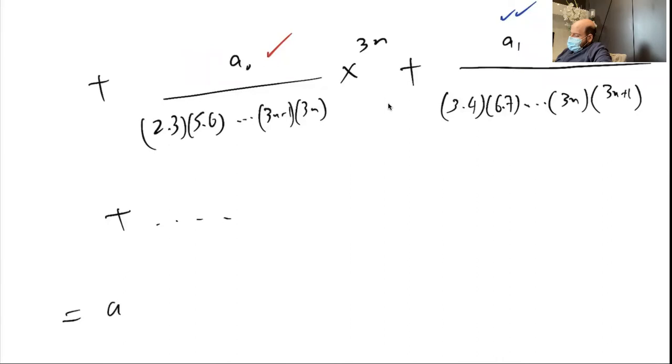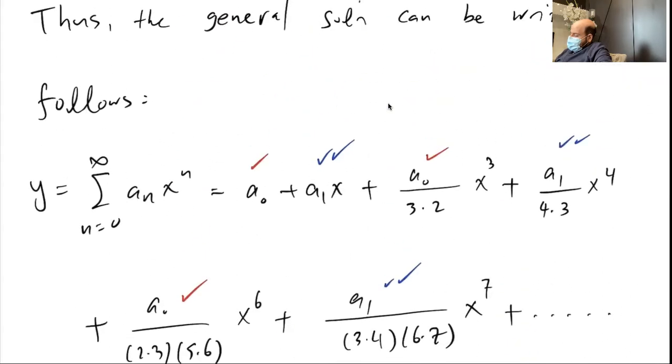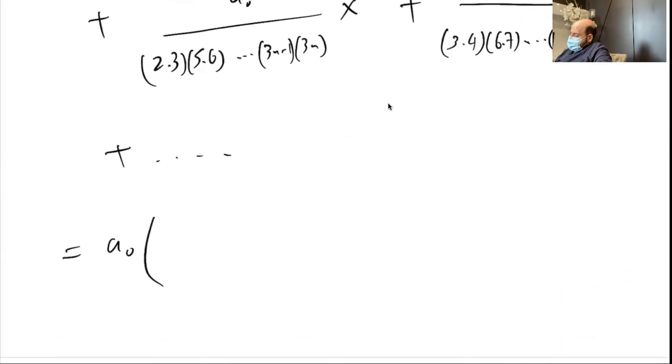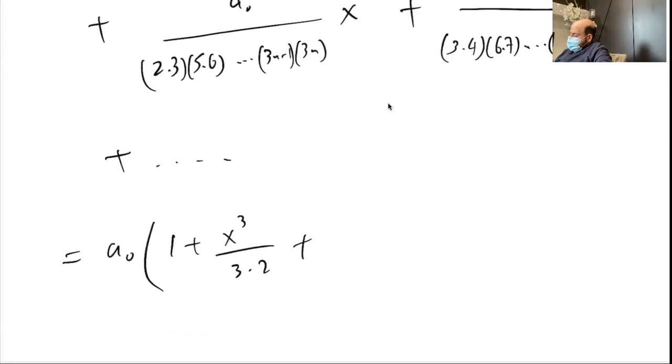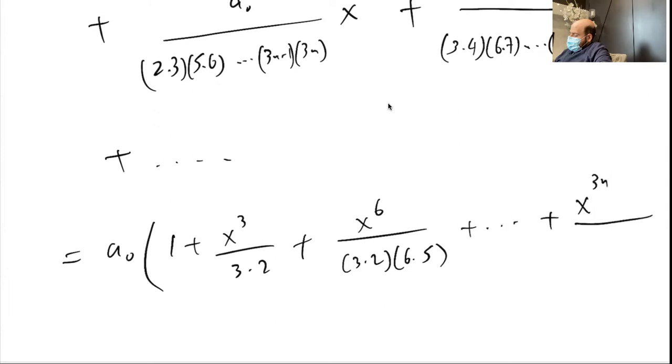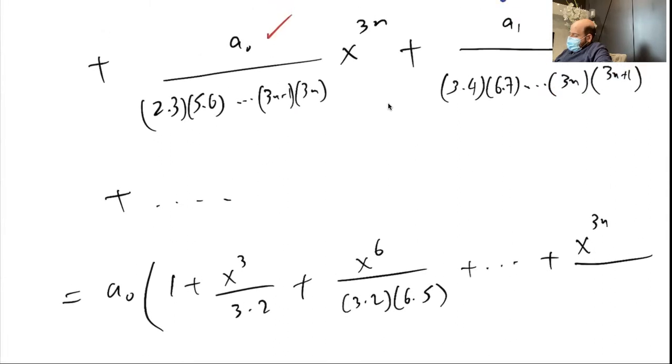So then I'll have a0 times 1 plus x cubed over 3 times 2, plus x to the power 6 over 3 times 2, 6 times 5, and then x to the power 3n over 2 times 3, 5 times 6, up to 3n minus 1 times 3n.